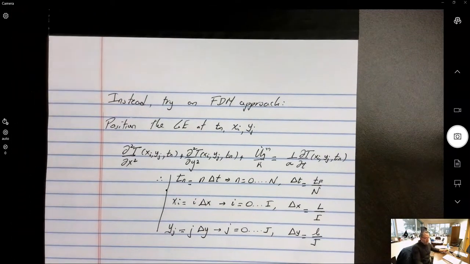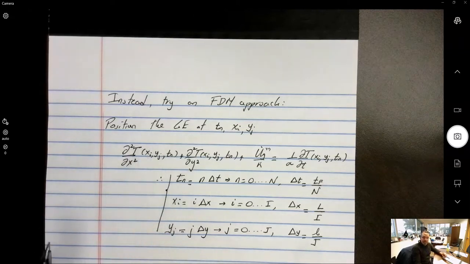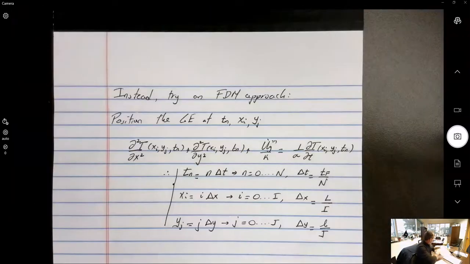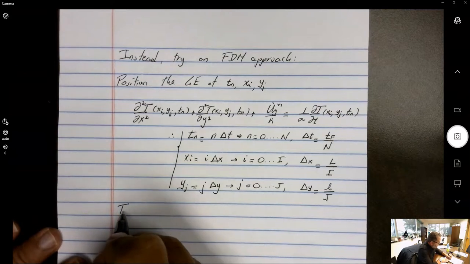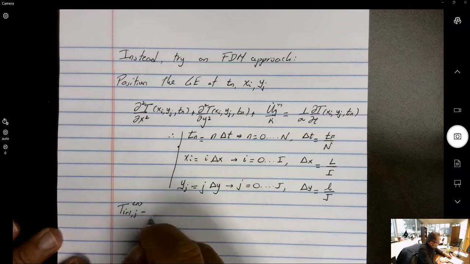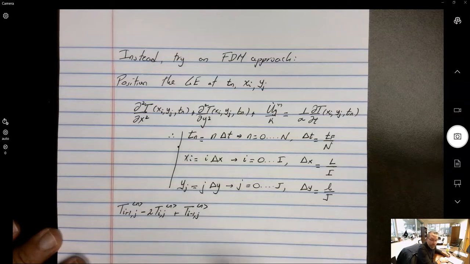And that's how you discretize space and time. So basically, what this second derivative with respect to space will end up being is simply T at i+1, j at time position n minus twice T at i, j at time position n plus T at i-1, j at time position n, divided by delta x squared.